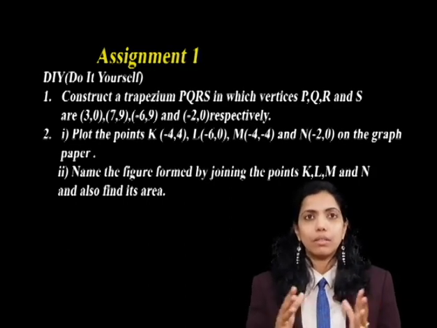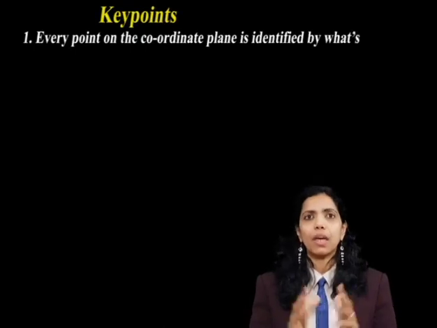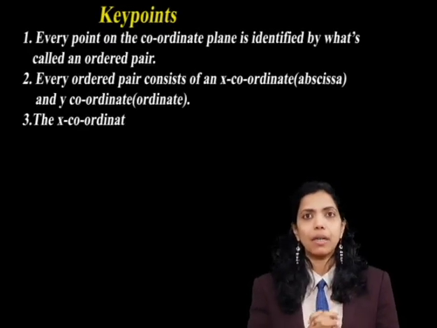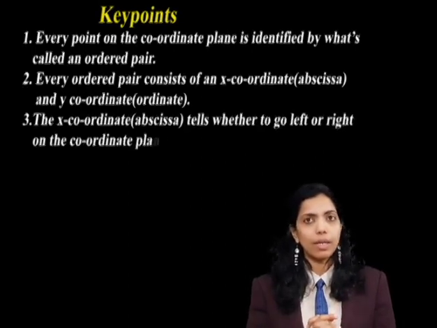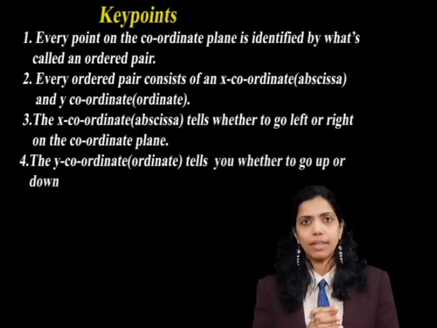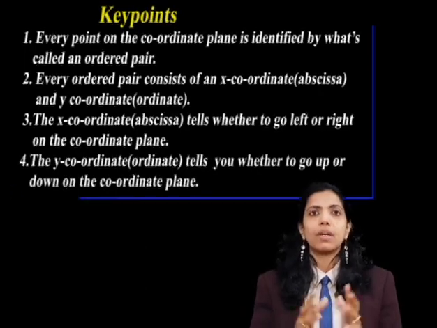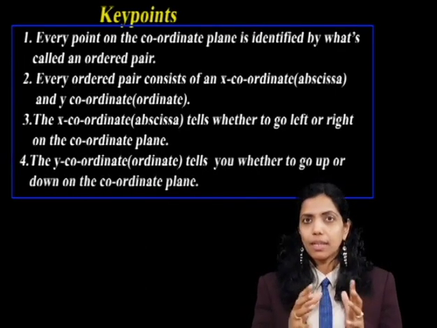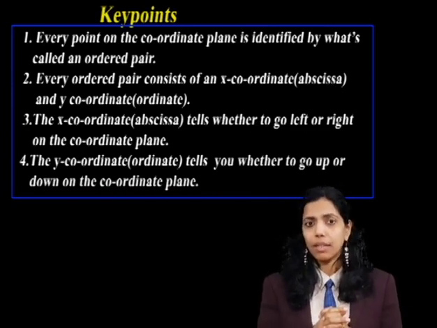We can have a few key points over here. The first one: every point on the coordinate plane is identified by what's called an ordered pair, that is like (x, y). The second point: every ordered pair consists of an x coordinate. What is another name for the x coordinate?